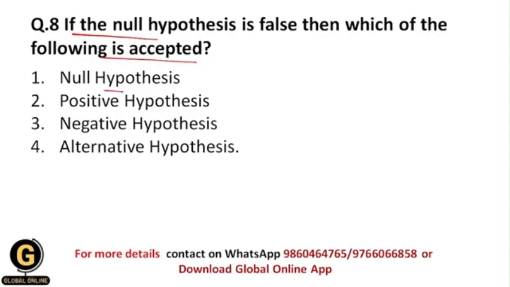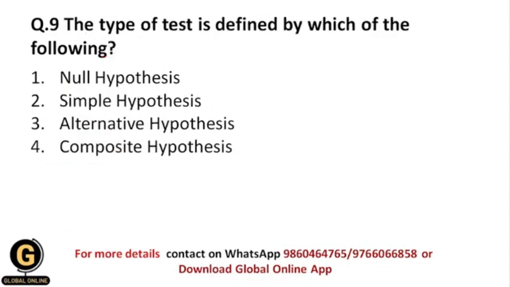Do we accept the null hypothesis again, a positive hypothesis, a negative hypothesis, or the alternative hypothesis? Obviously, students, whenever the null hypothesis is false, in that situation we automatically accept the alternative hypothesis, and that's why your correct answer is 4, that is alternative hypothesis.